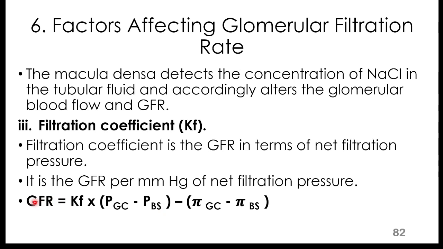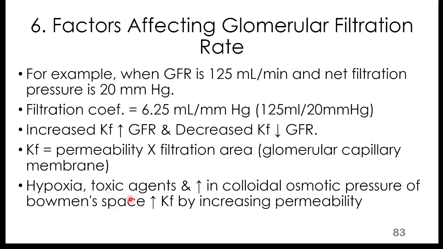If we rearrange this, we know that GFR equals filtration coefficient times net filtration pressure. So if you rearrange the equation, filtration coefficient will equal glomerular filtration rate divided by net filtration pressure.